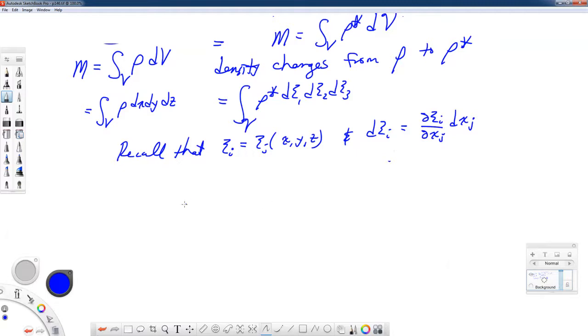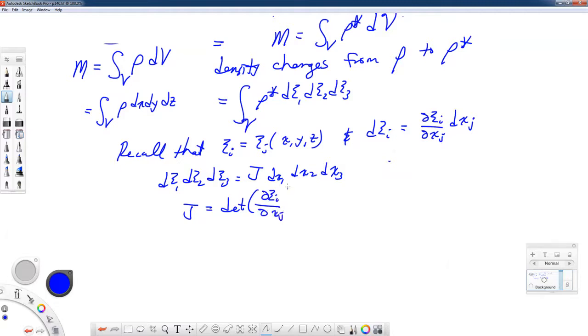The set of infinitesimals dxi1, dxi2, dxi3 can be written as the Jacobian times dx1, dx2, and dx3, or dx, dy, dz, where the Jacobian is the determinant formed by the matrix of components of these partial derivatives of xi I with respect to xj.